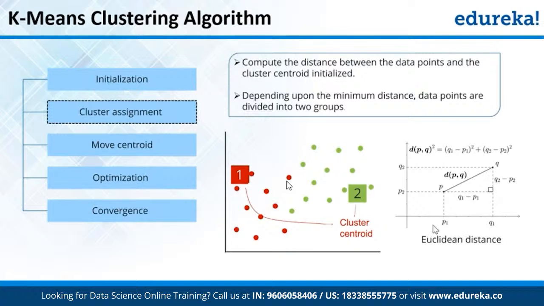In order to understand this, you need to know mathematics. The point is, depending upon the minimum distance, data points are divided into two groups.